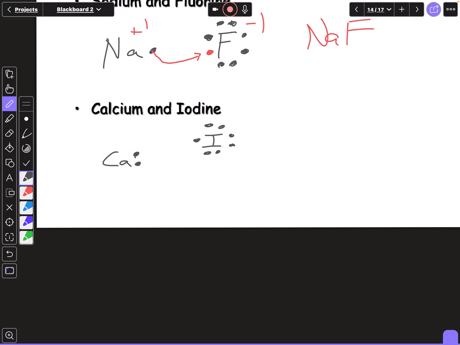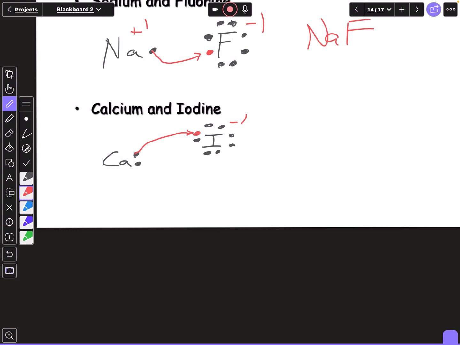So what happens is this iodine needs 1 electron to be stable, to have an octet. It's going to get that electron from calcium, and when it does, it's going to form a -1 charge, but it's stable now. But calcium's not stable, so what needs to happen?